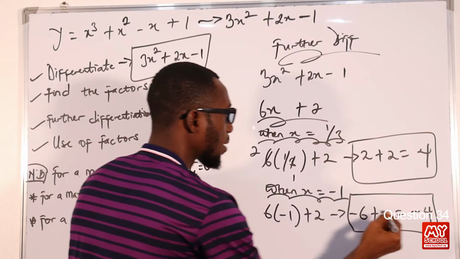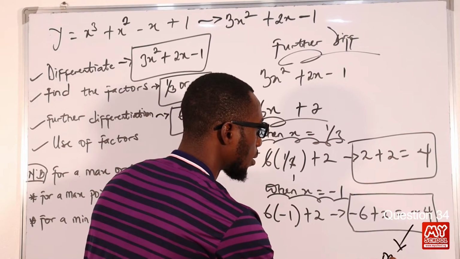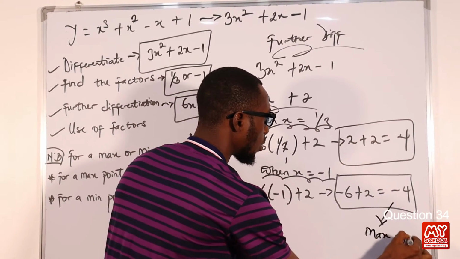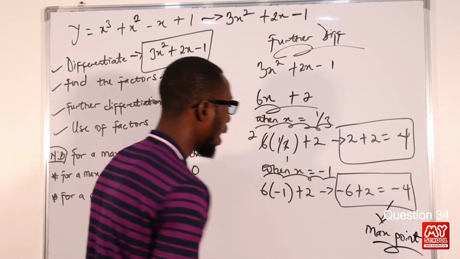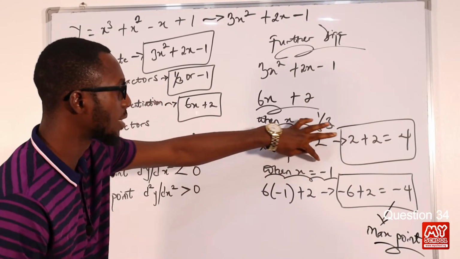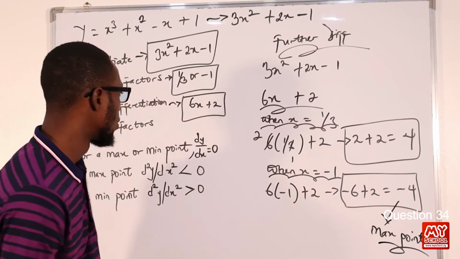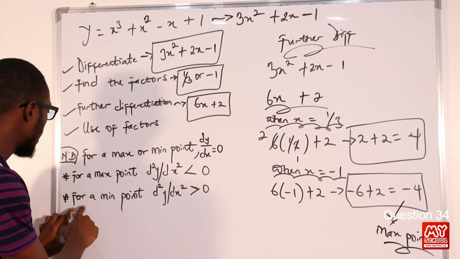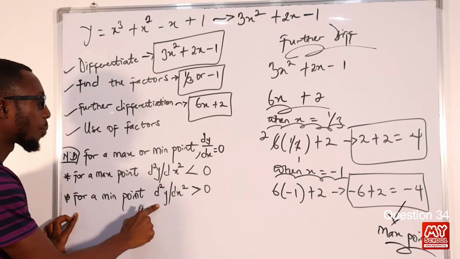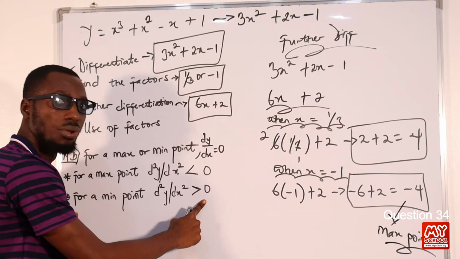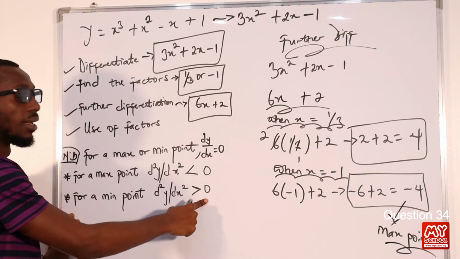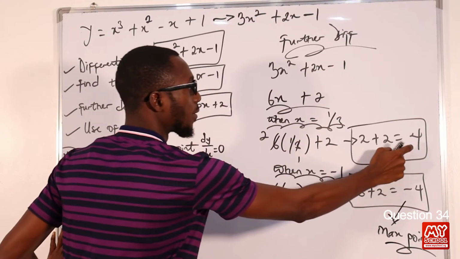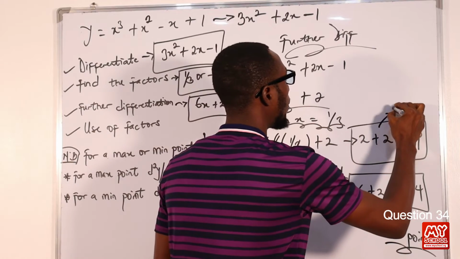So this is our maximum point. That tells us that we have our maximum point when x is minus 1, isn't it? So we can also derive that for a minimum point, d squared y over dx squared is greater than 0. So which of them is greater than 0? That is 4. So this is our minimum point.